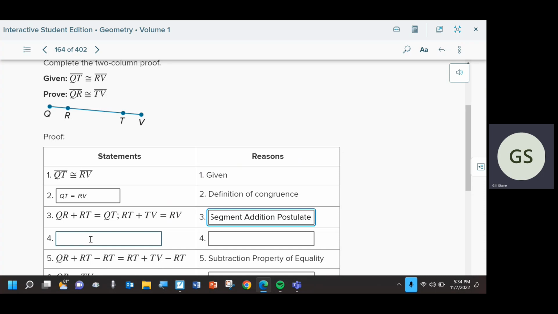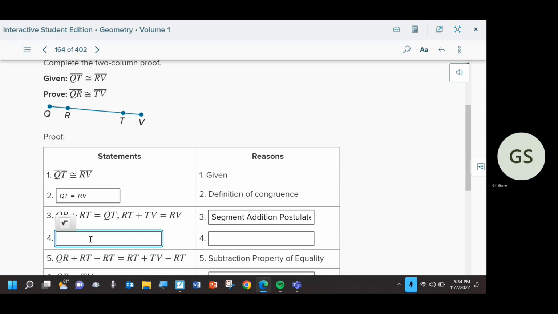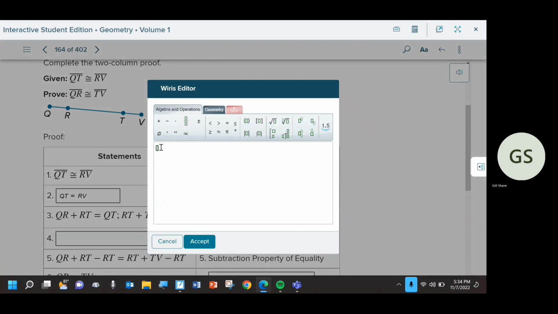And if you're not getting what I'm saying, a lot of kids struggled with it. There were a few that got it, but I am saying that QR plus RT equals RT plus TV.